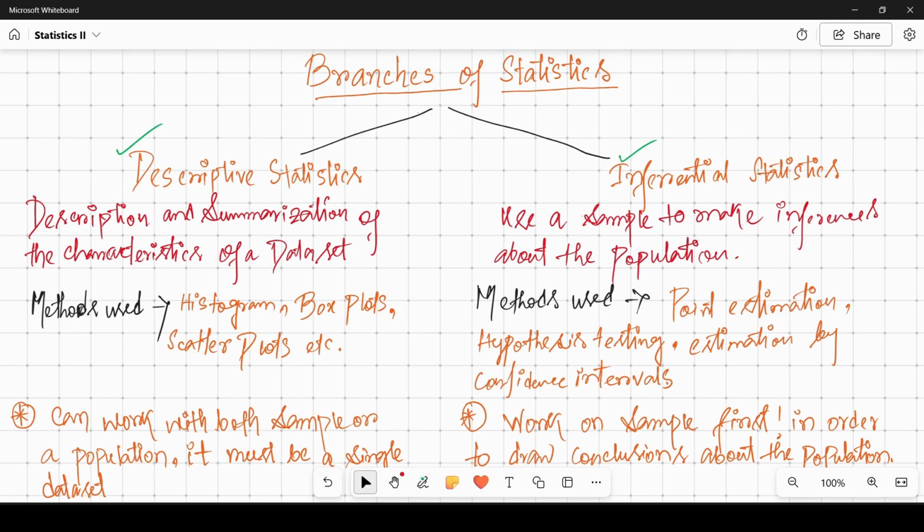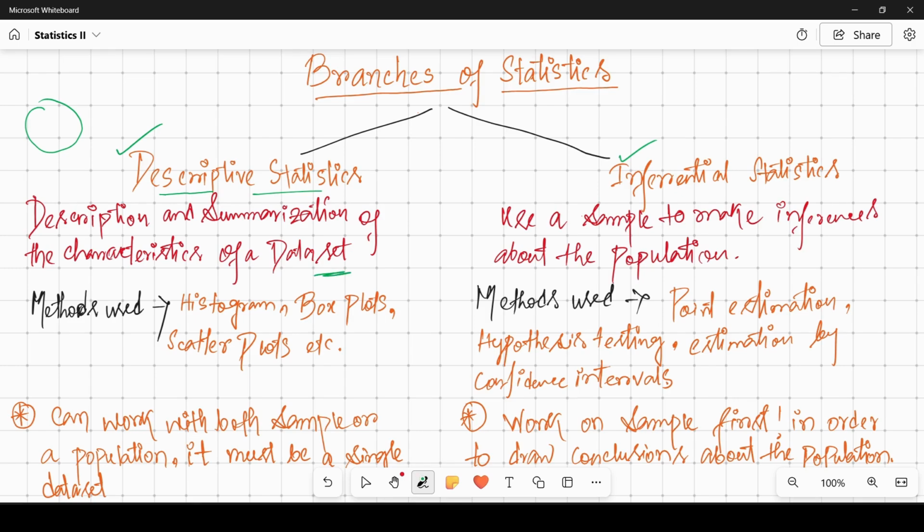As the name suggests, descriptive statistics is the branch of statistics where, if we have a data set, we want to understand the summary or description of that particular data set. So here you see description and summarization of characteristics of a data set.